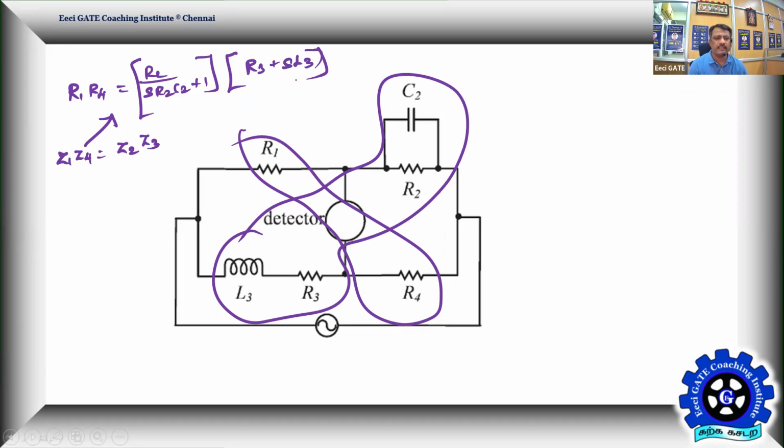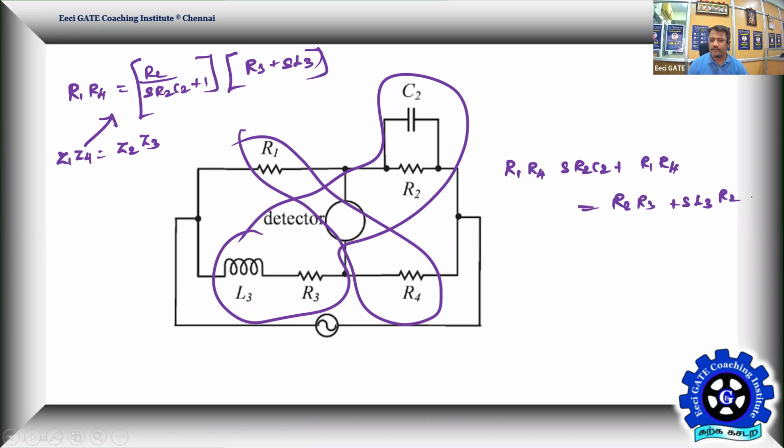So if I expand this, on the left-hand side I will get R1 R4 into S R2 C2 plus R1 R4. The right-hand side will be R2 R3 plus S L3 R2.